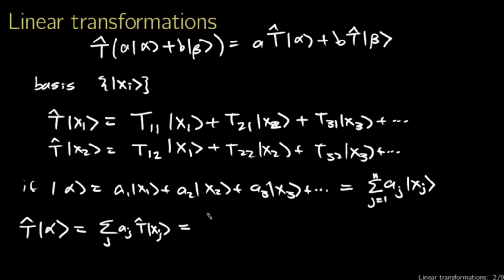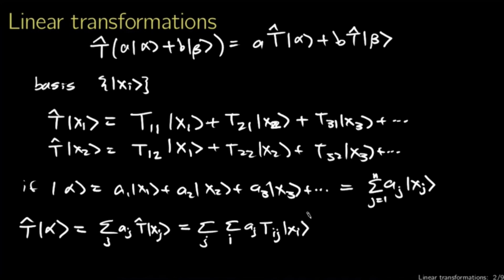It's going to look like a sum over something I'll call i. First I have my sum over j, then I have a sum over i, and I'm left with the aj as before. And then these sums, if I'm expressing them as sums, I'll end up with tij times x sub i. So this is just taking these summation expressions and substituting them in for the application of the transformation t hat to x sub j.